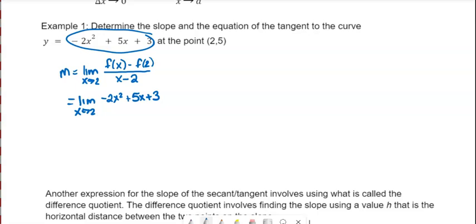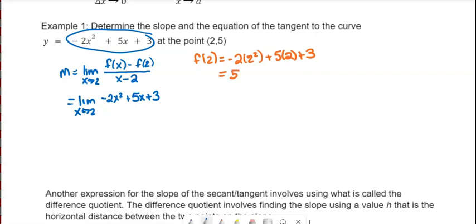And f at 2, I'm just going to quickly do that over here, off to the side. So I have negative 2 times 4, plus 5 times 2, plus 3, which will give me 5.